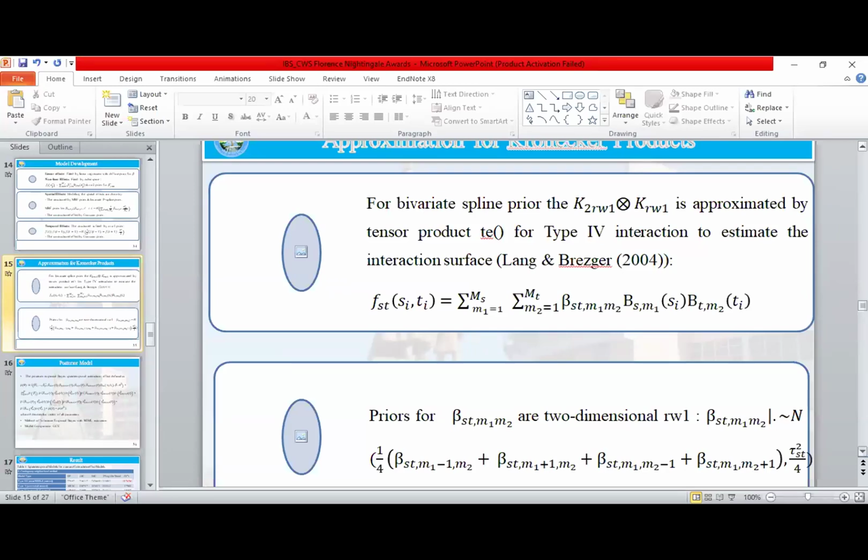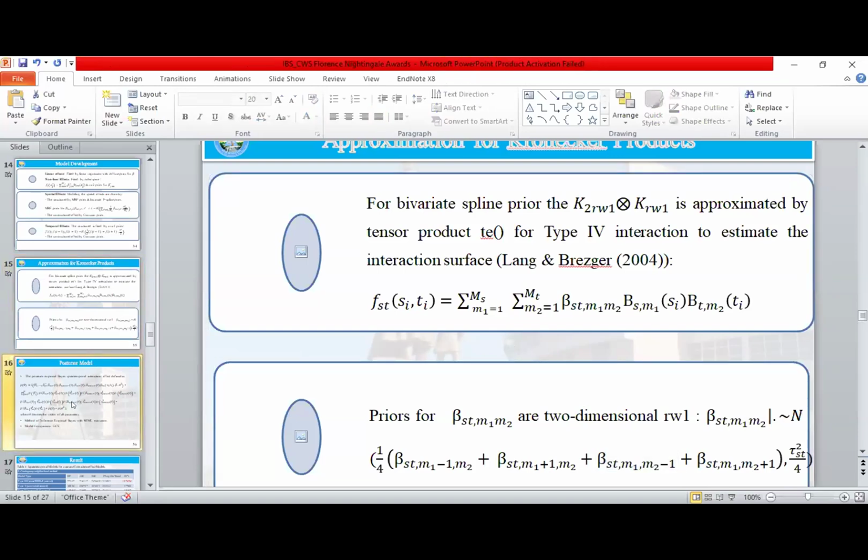That is a product of a 2-dimensional P-spline and a 1-dimensional P-spline: a 2-dimensional P-spline for space and a 1-dimensional P-spline for time. Therefore, the interaction effect for type 4 is estimated using a tensor product of a 2-dimensional random walk of order 1 and a 1-dimensional random walk of order 1, as given here. And the priors are given here, as you have seen. It is approximately normal with mean taken from its neighbors and variance proportional to the number of neighbors.